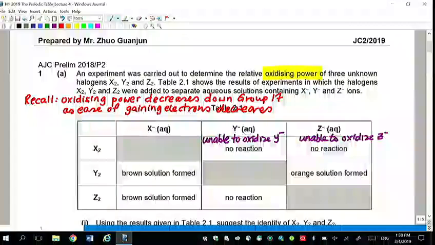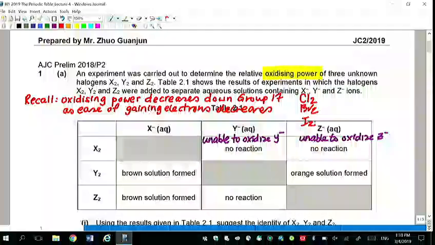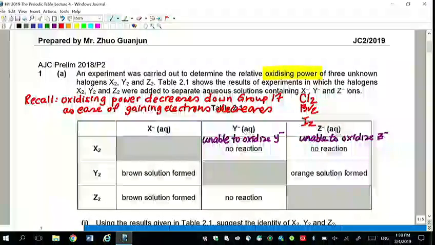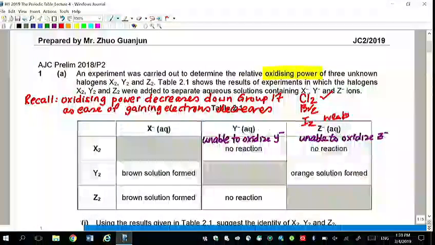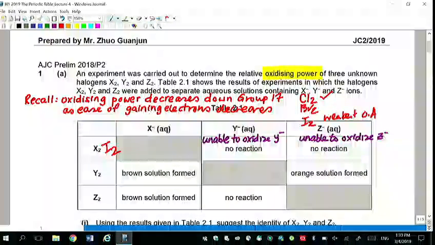Meaning to say that Cl2 as compared to Br2 as compared to I2, the one with the strongest or the highest oxidizing power would be Cl2. I2 would be the weakest oxidizing agent. Hence, I should be able to conclude that X2 is iodine.